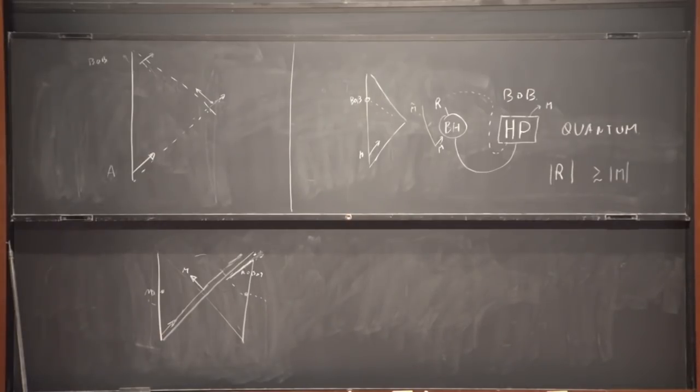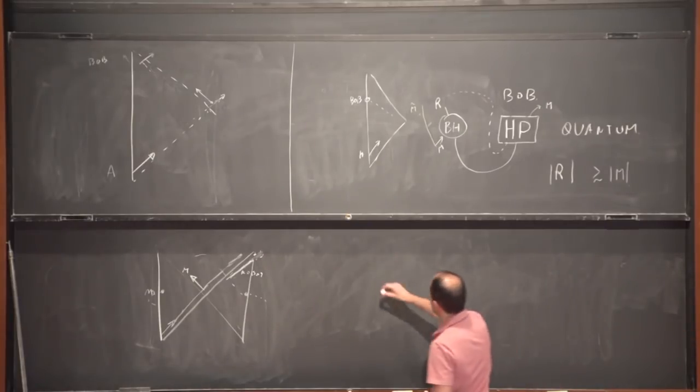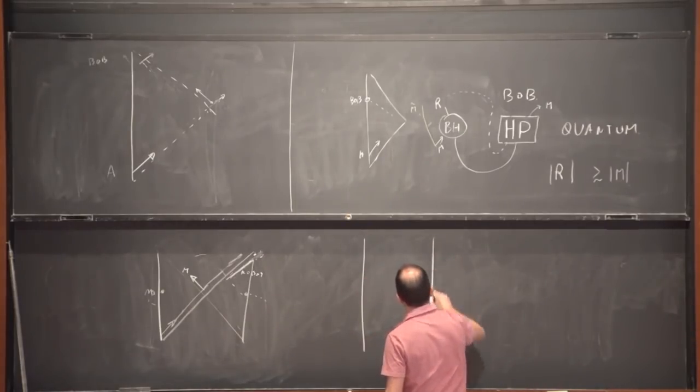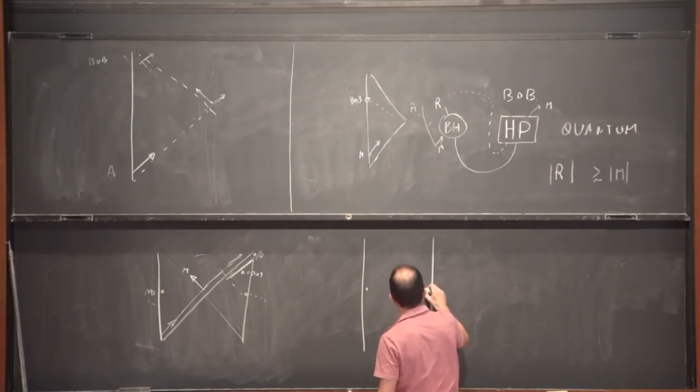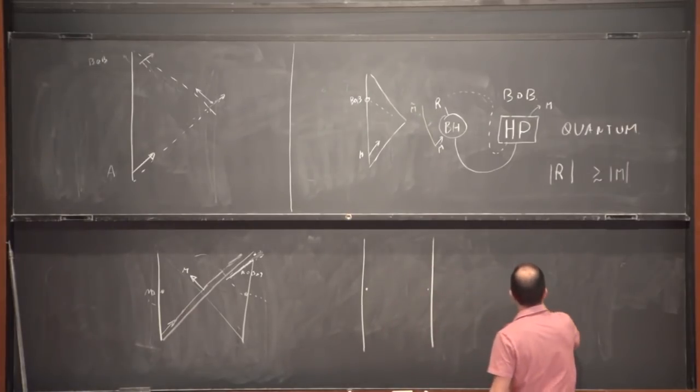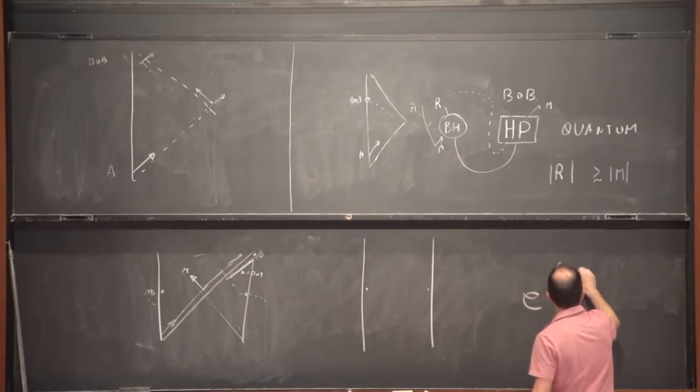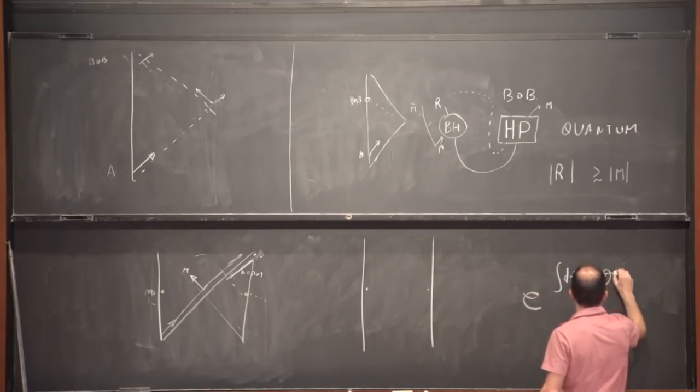Okay, I want to end with some more words on this traversable wormhole. So far, we considered a situation where we turn on the interaction at t equal to 0, but we could, of course, have an interaction which exists for all times between the left and the right.